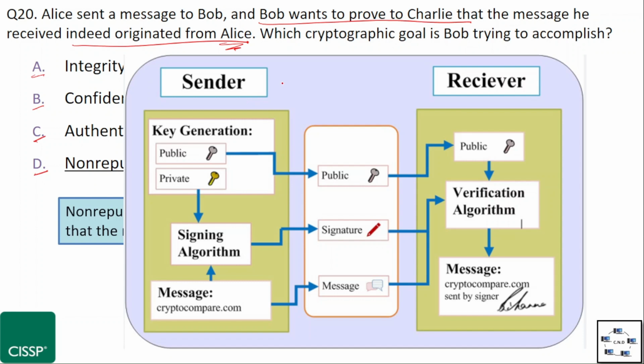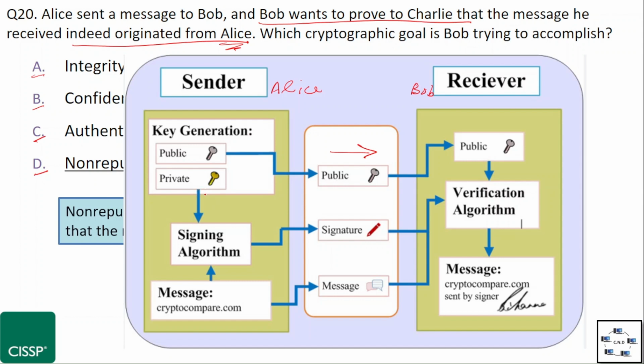So this is the sender. In our case, let's suppose this is Alice and the receiver is Bob. How does this work in terms of cryptography? Alice generates her own public-private key pair. The public key is shared with Bob since it is public, and the private key is kept by Alice with herself.